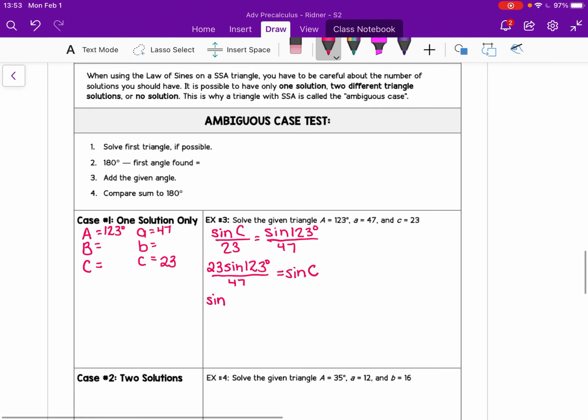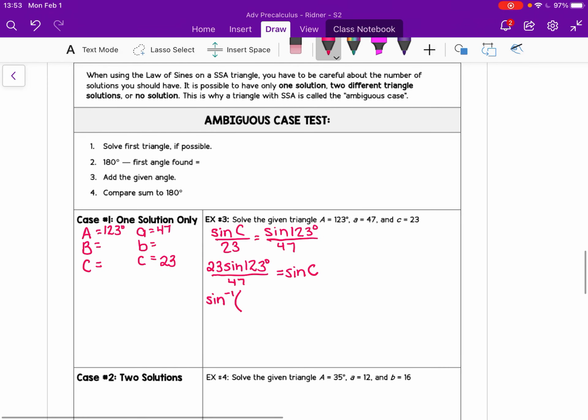So in my calculator, I would put sine inverse of 23 sine 123 over 47 equals C. So I would get that C equals 24.23 degrees. Again, I would type that in my calculator. I'm just looking at an answer sheet. All right. Actually, let's just round that to 24 degrees.